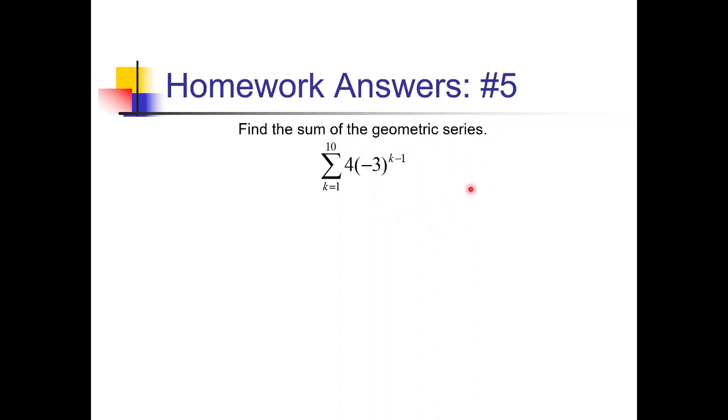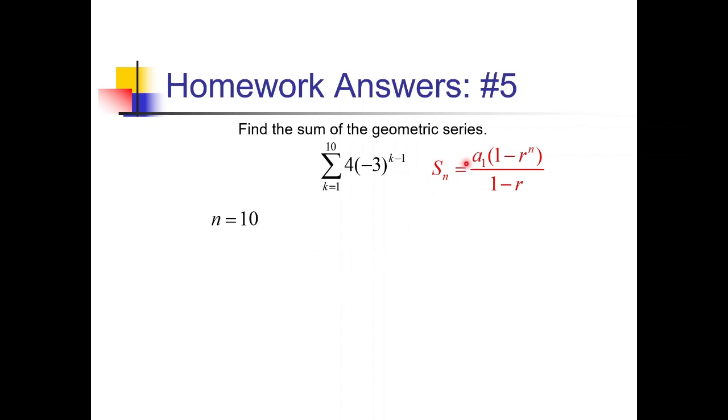So that's going to be S sub n equals a sub 1 times 1 minus r to the n all over 1 minus r. So to make this thing work, we need the first term, the r value, and an n value. The n value in this case is going to be this 10 up here. Since we're starting at 1 and ending at 10, there's 10 items here.